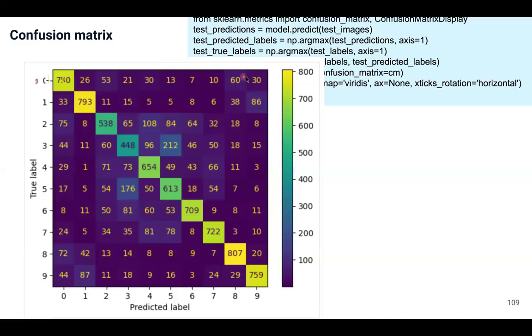So it does make some mistakes, which means there is some room for improvement here. But this is the main idea of the confusion matrix. It should be as diagonal as possible. Okay. Thank you.